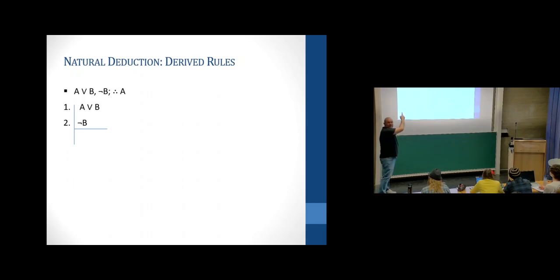So if we could get rid of that disjunction in line 1, we'd be money. So let's start with a disjunction elimination. Remember, disjunction elimination says, if you can get to a result from one disjunct and you get to the exact same result from the other, then that result follows.